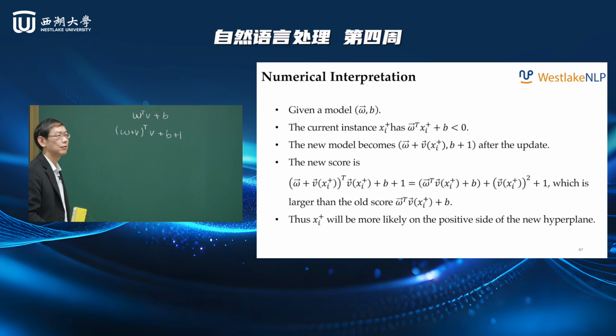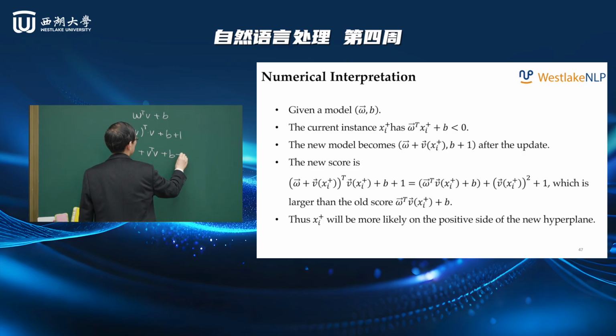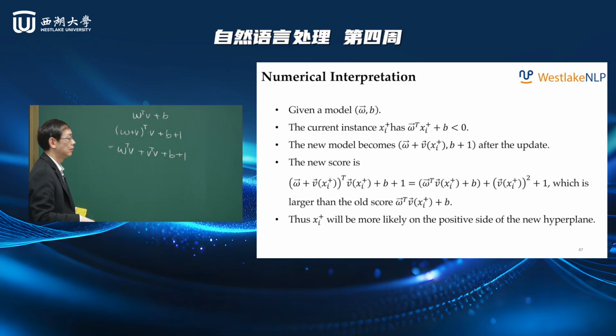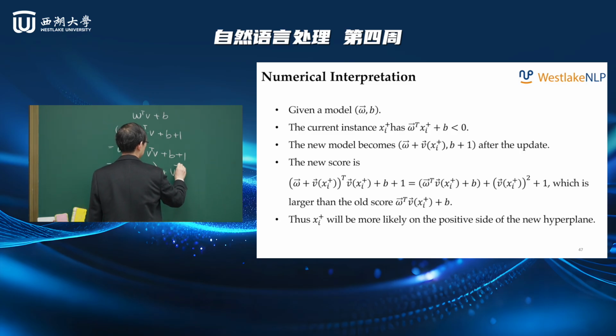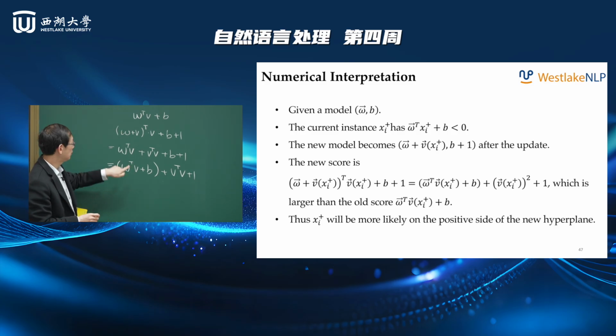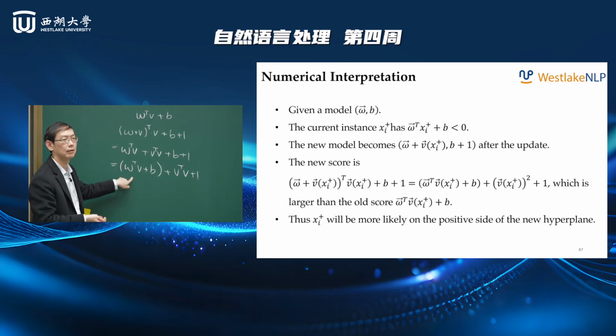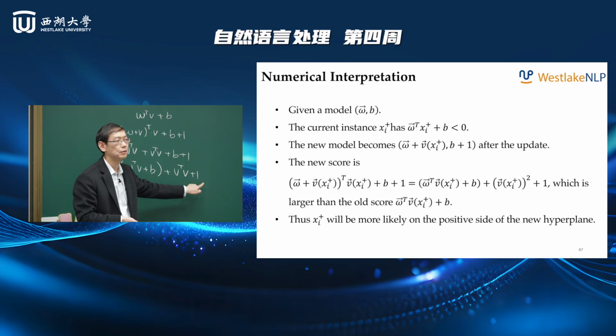It is equal to omega plus V transpose V plus B plus 1, which equals omega V plus B, plus V transpose V plus 1. So this is the original score, and this is the score after the parameter update. The new score is the old score plus the V norm squared plus 1.